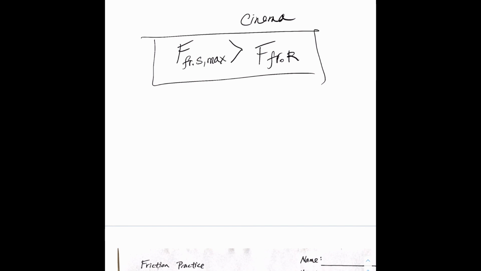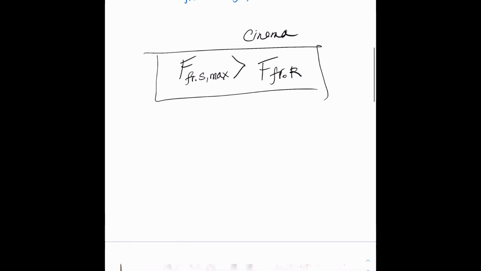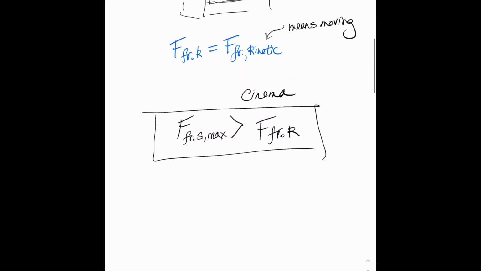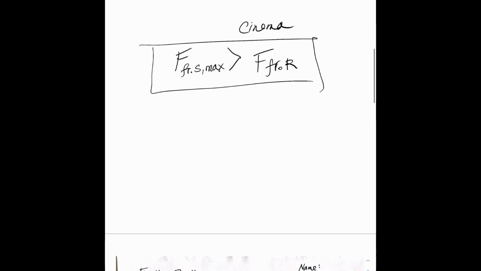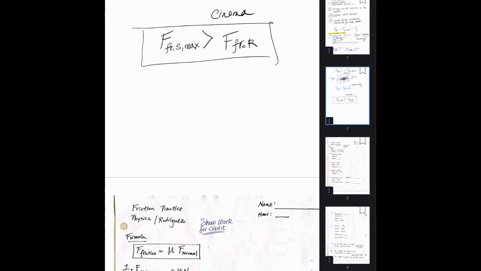So then friction wouldn't be that large in that case. So we can just say this for the static max. And that is the one we are mainly going to deal with in class, but we'll see instances where we will deal with force friction static and it's not at a maximum. So that will occur. Let me add another sheet of paper here.